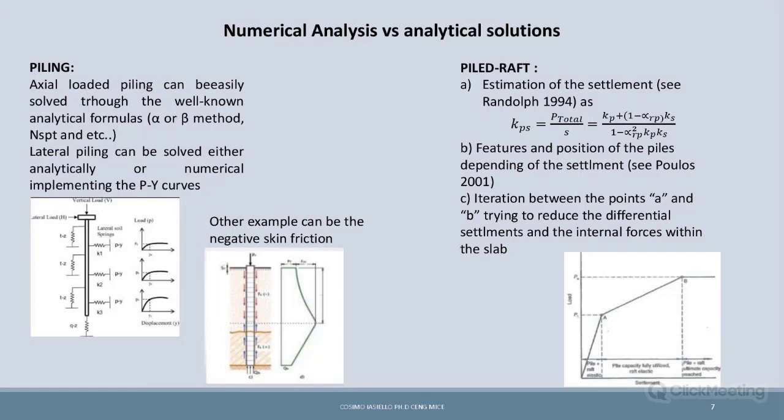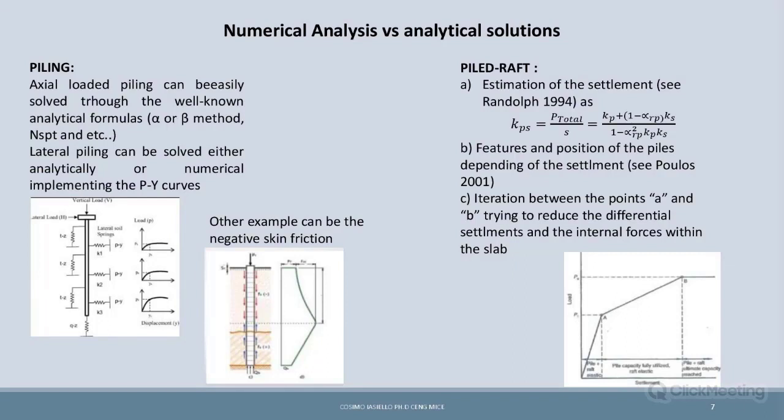Another different case is lateral piling, for example for an abutment of a bridge, in particular for an abutment of a railway bridge, where we have the braking forces due to a train. This brings a different configuration to our piling, which has to be studied in numerical analysis.